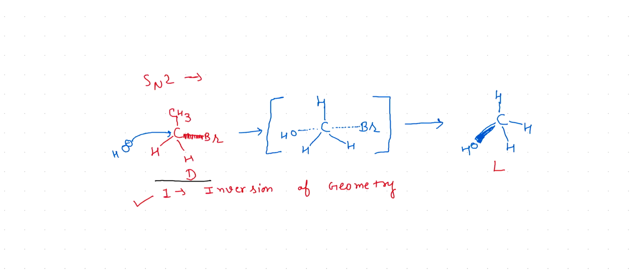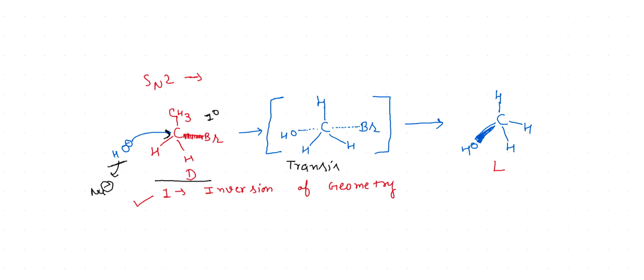This is a primary alkyl bromide. The OH negative group is acting as the nucleophile. You can see this is the structure of methyl bromide, ethyl bromide. It is tetrahedral in nature. You can see OH negative will attack from the back side. And there is formation of an unstable species known as the transition state. This is a transition state.